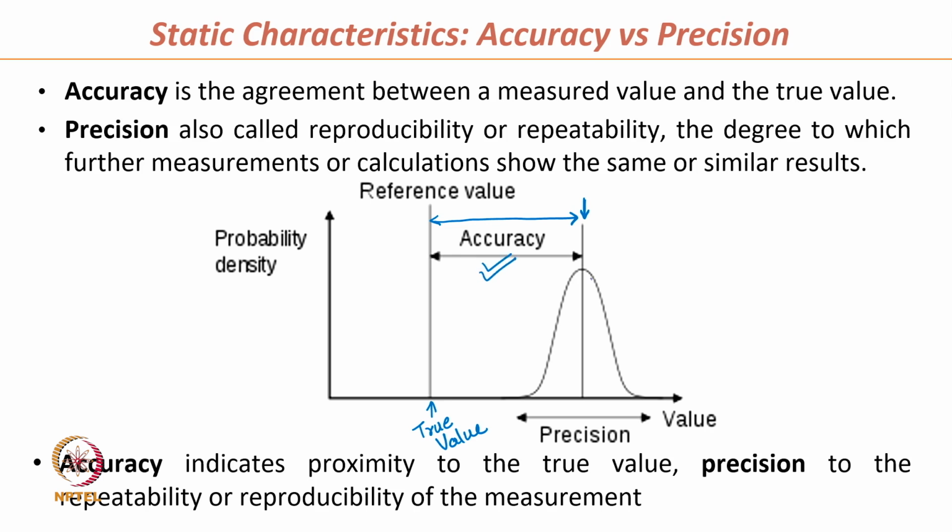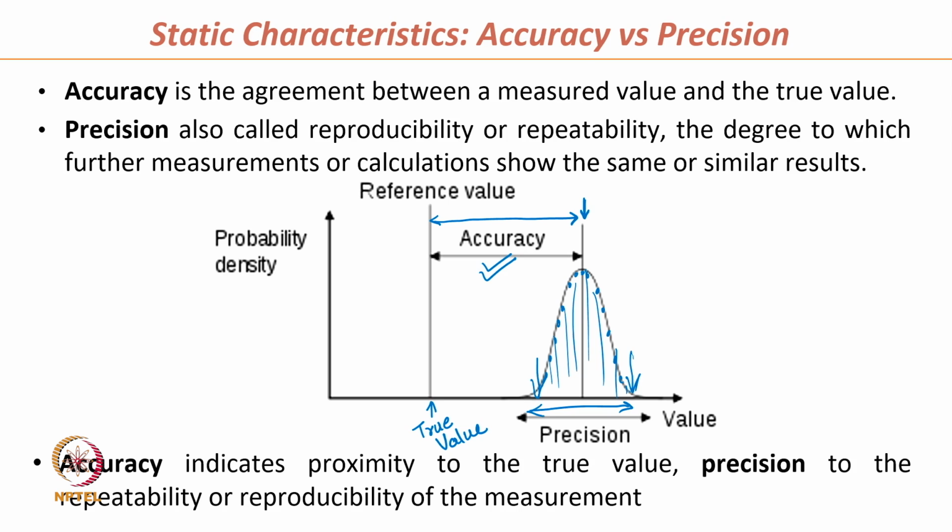However, we are doing this measurement multiple times, and let us say, for example, 100 measurements, all these measurements are lying here, follow a Gaussian curve, and the peak exists in between here. How confined these outputs are in a particular range is specified by the precision.